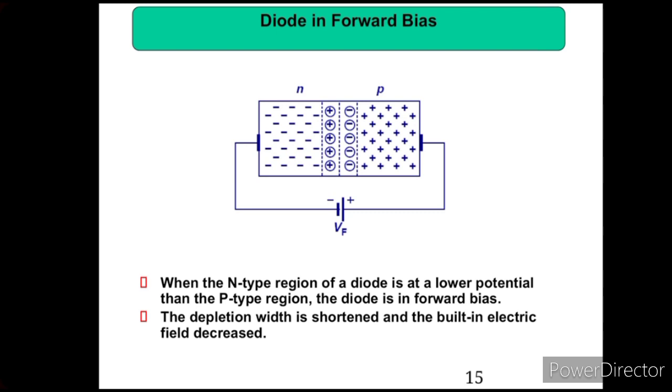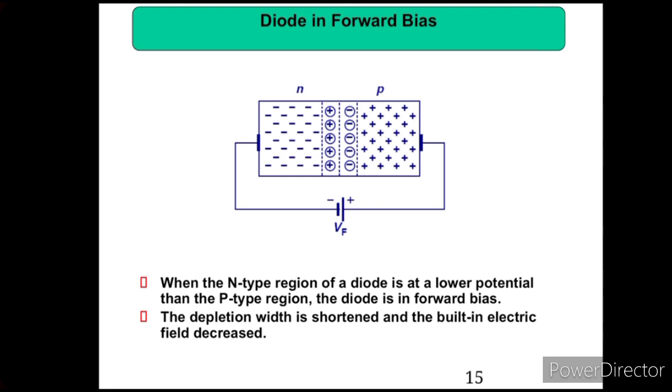Next, the diode in forward bias condition. When the n-type region of the diode is at lower potential than the p-type region, the diode is in forward bias condition. The depletion width is shortened and the built-in electrical field decreases. When the negative terminal of the battery is connected to the n-type semiconductor material and the positive terminal is connected to the p side, free electrons and holes are injected into the n-type and p-type material.